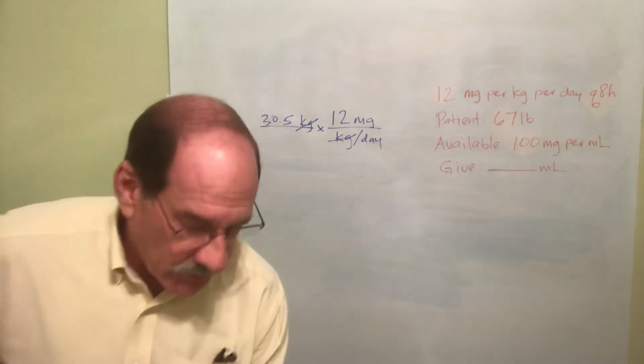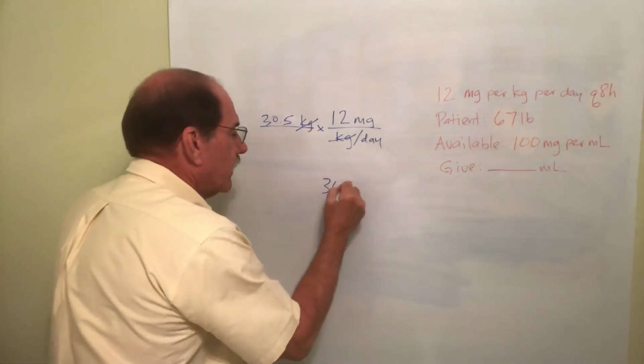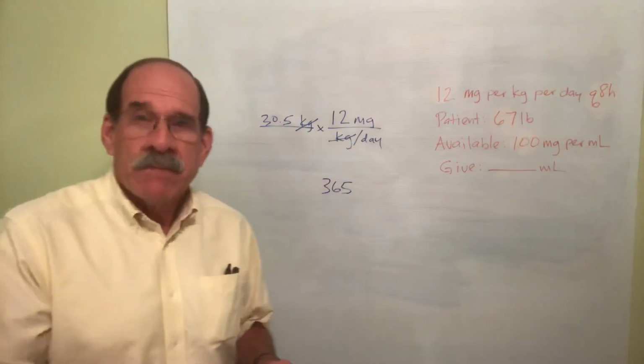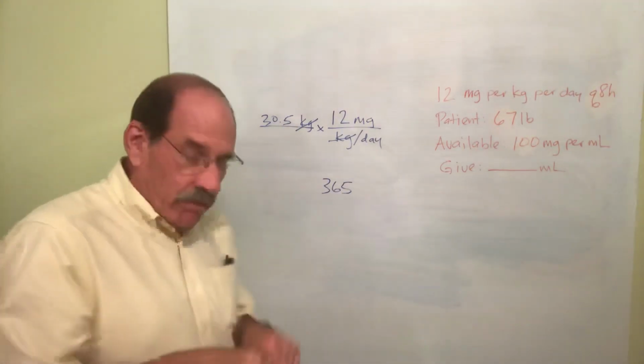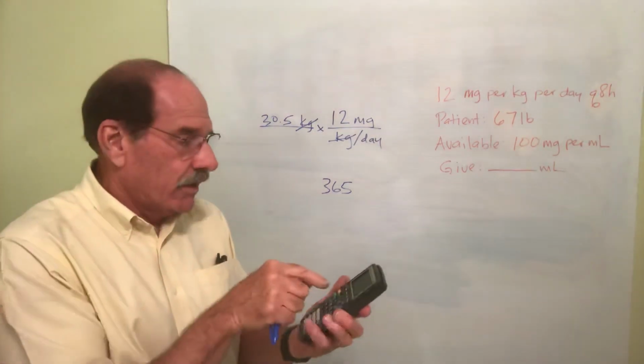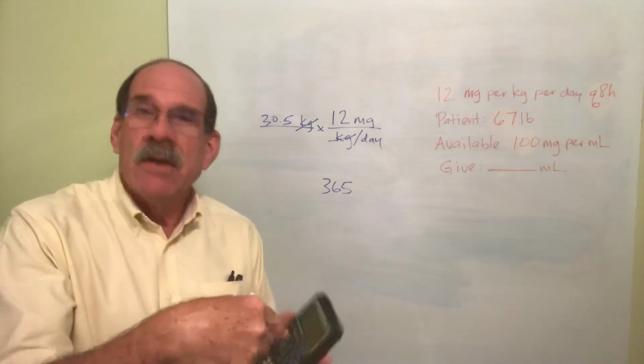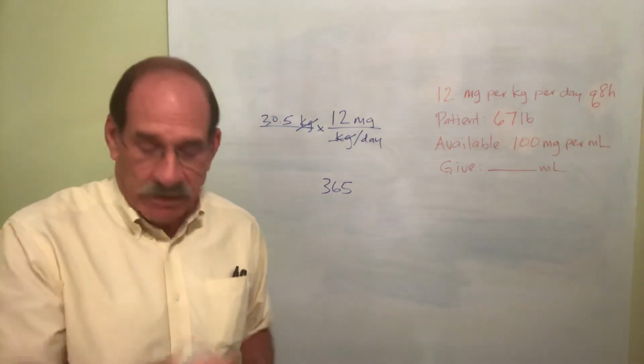So let's just call that, at this point, call it 365. What we're not going to do, though, is plug that number back into the calculator. You've already got the exact number, 365.454545, in there. Use that number for your next step, which we'll do in a moment.